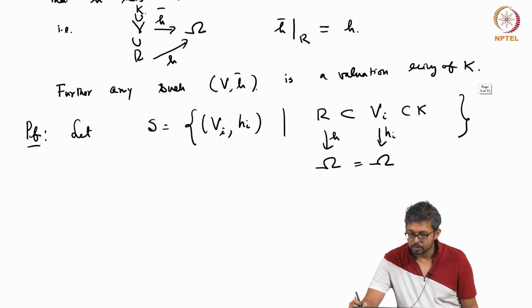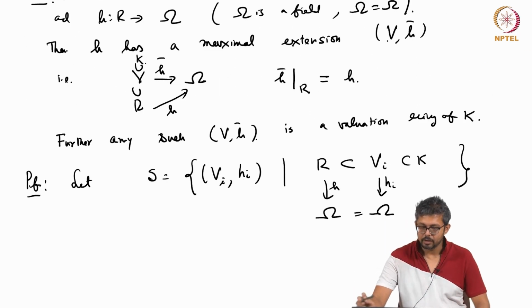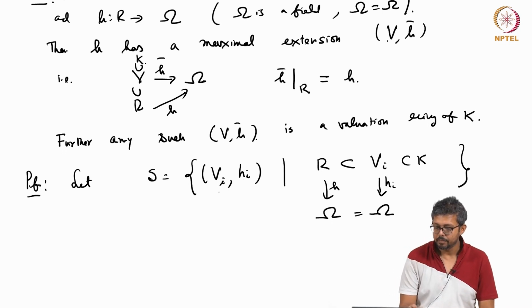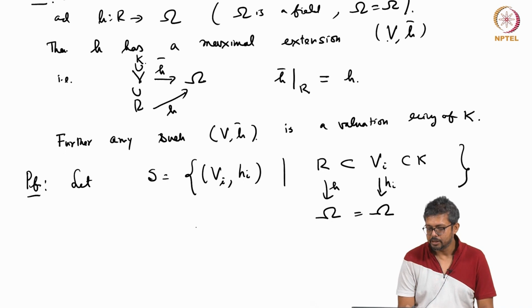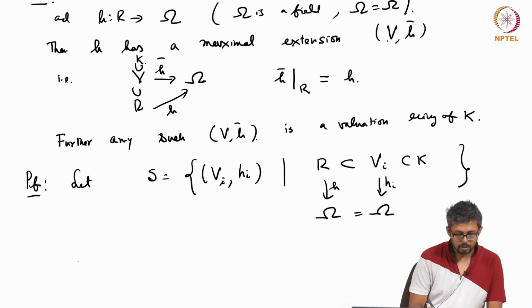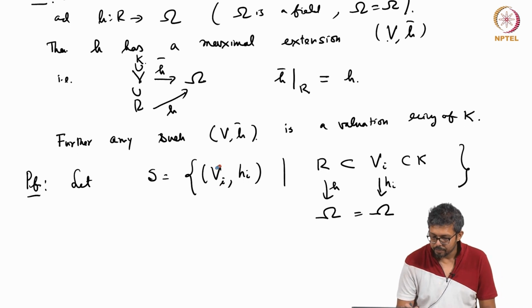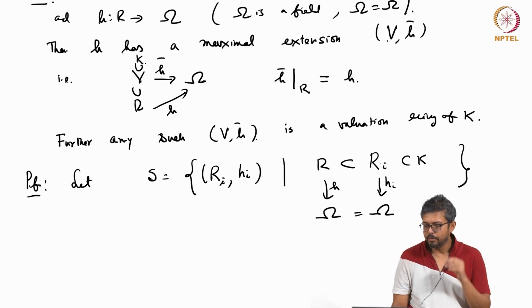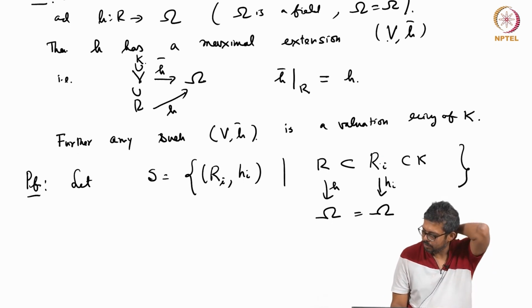Now you consider a chain of such things. Let's call them (R_i, h_i), because generally V stands for valuation ring.